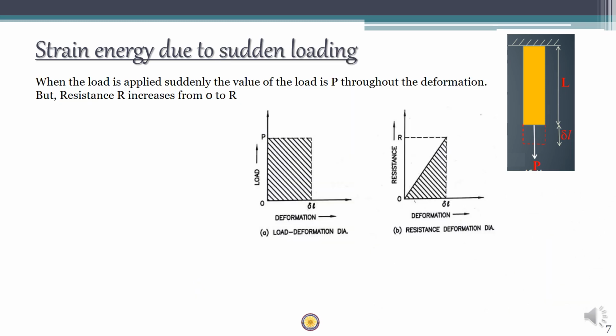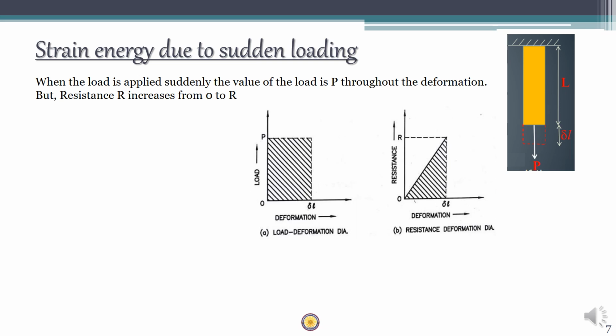Let's see what happens when the load is applied suddenly. Okay, all the other credentials remain the same. The bar is of length L and area A. It is having a modulus of elasticity E. Then one end is fixed and the other end is free. So at the free end, the load is applied suddenly.